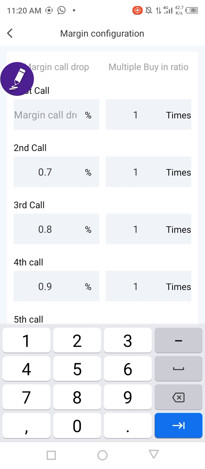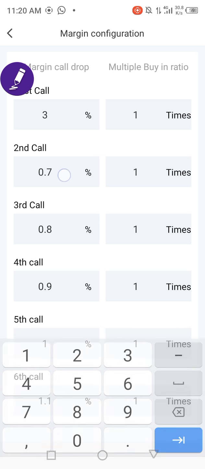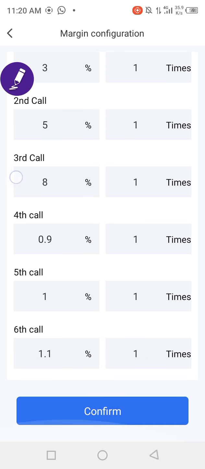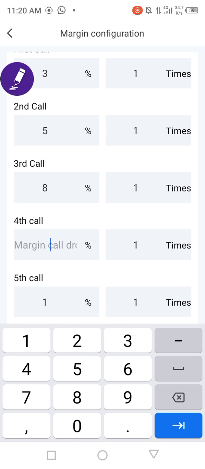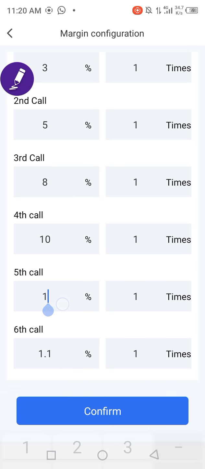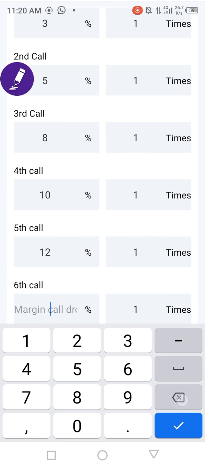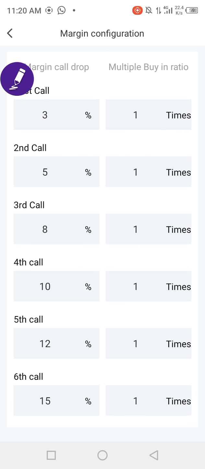Okay, but with your own understanding of the coin, you can put restrictions. You can say if it drops 3%, buy. If it drops 5%, buy. If it drops 8%, buy. If it drops 10%, buy. If it drops 12%, buy. If it drops 18%, okay, let's just say 15%, buy.